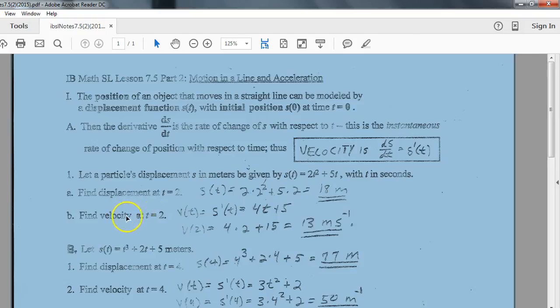But when they ask for the velocity, now they want to know how fast it traveled, or what was the rate of change that it traveled in 2 seconds of time. And so for velocity, we take the derivative of our displacement function, so you can see right here that the derivative of the position function is velocity.